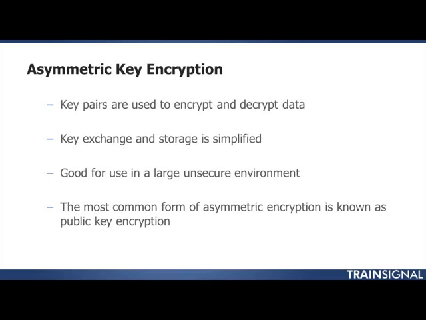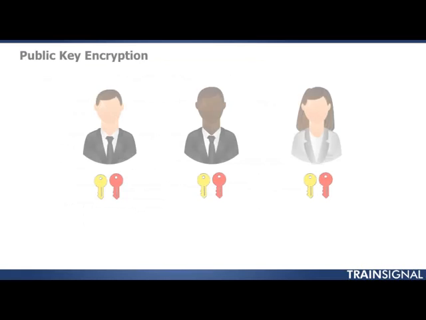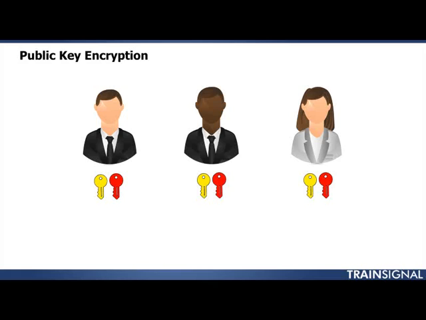Now I want to go a step further and explain what I mean by key exchange and storage being simplified and that it's good for use in a large environment. So let's start off by understanding that for every user in your environment, each user is going to have a pair of keys. Again, please take this one step at a time.